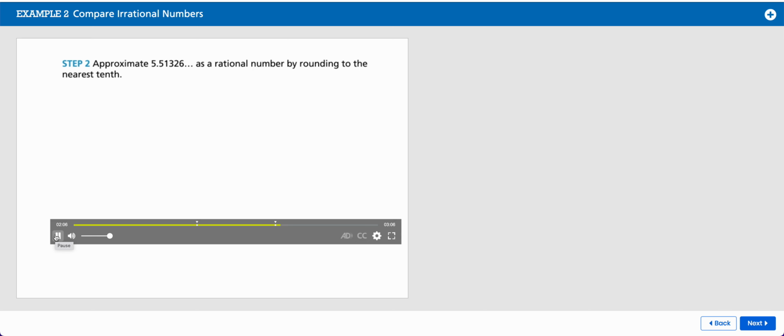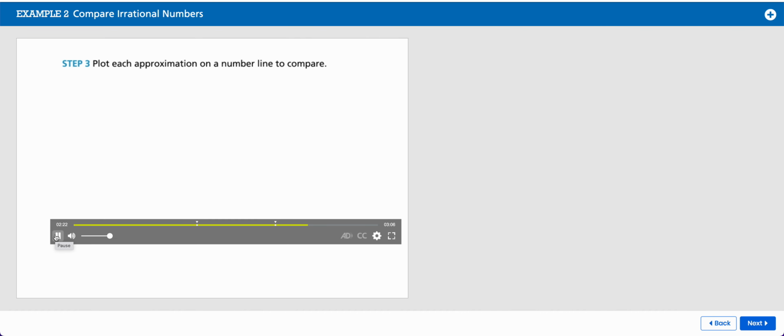The next step is to approximate 5.51326 and so on as a rational number. Round the number to the nearest tenth, which is 5 5/10.